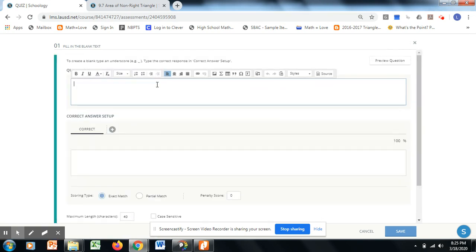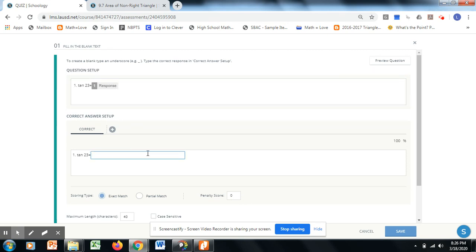So if you want to use your own questions, just make sure that you provide the space for the students to enter the responses by using a blank. So let's say, for example, I want students to get tangent of 23 degrees. So I can't just put tangent 23 equals. I have to put a blank because that's the signal for Schoology that I'm expecting a student response for that particular question.